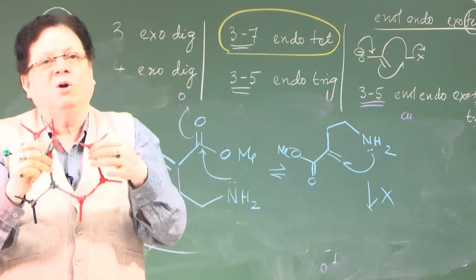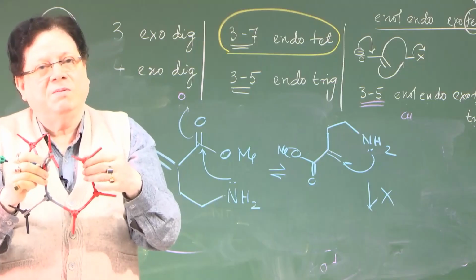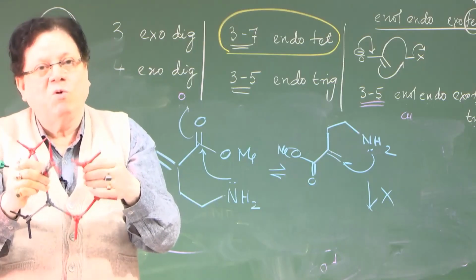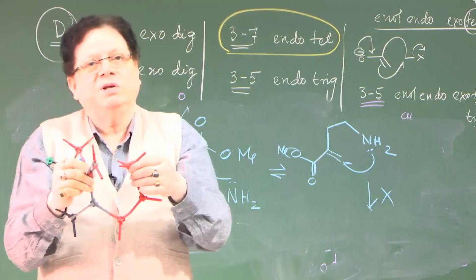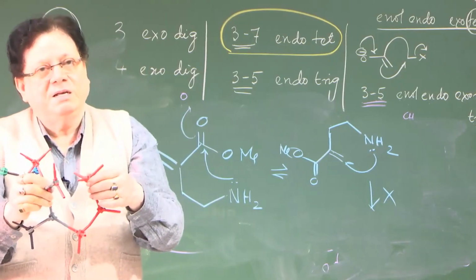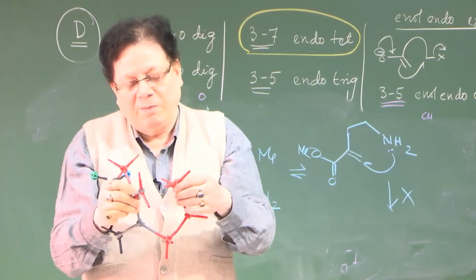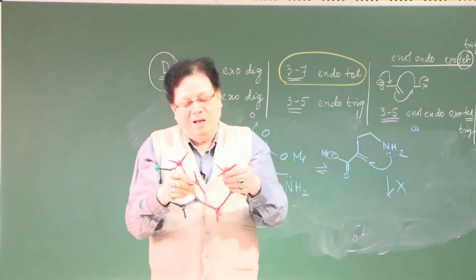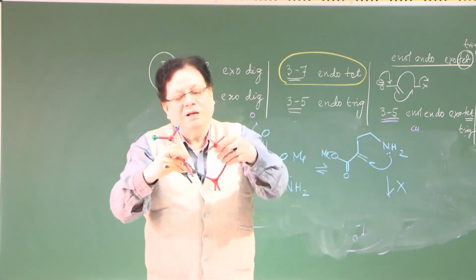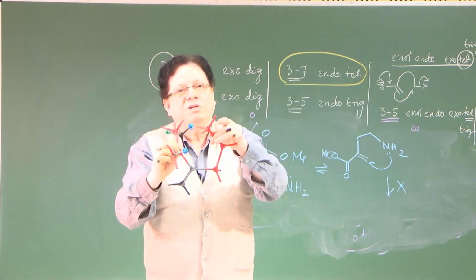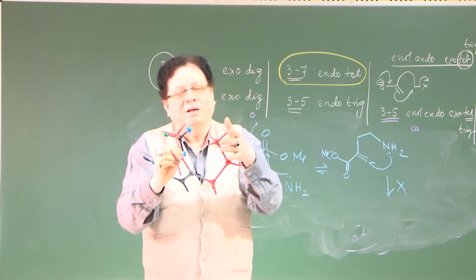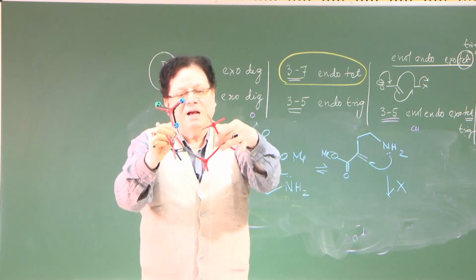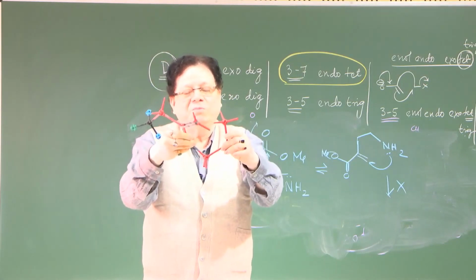So, it is basically trying to satisfy the stereoelectronic requirement. If you think that a lot of strain is developing because you are forcing the centers to reach each other and satisfy the stereoelectronic requirement, then that is basically disfavored. On the other hand, if the trajectory can be made without much deformation, then that will be favored. So, that is very clear from this model.